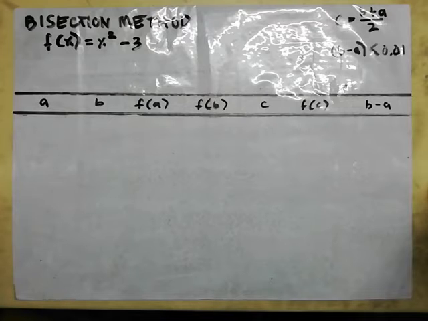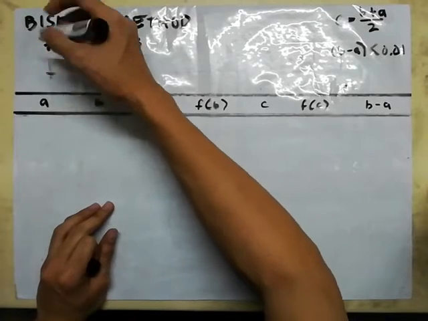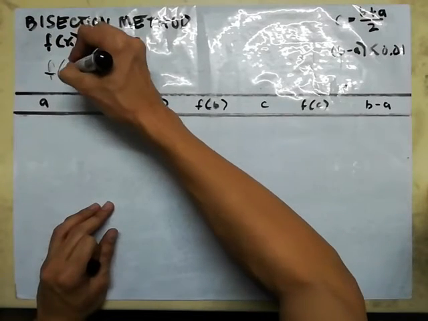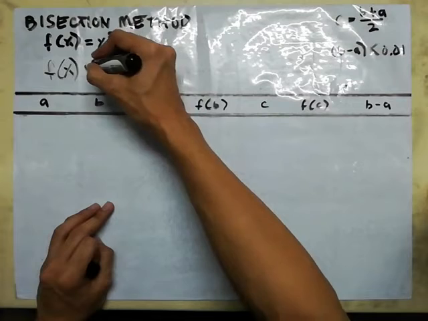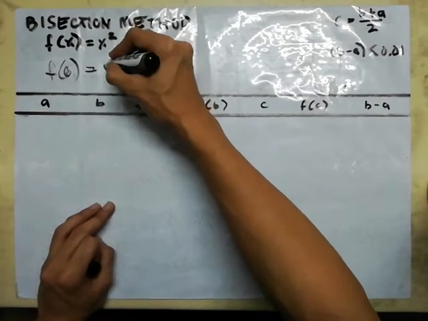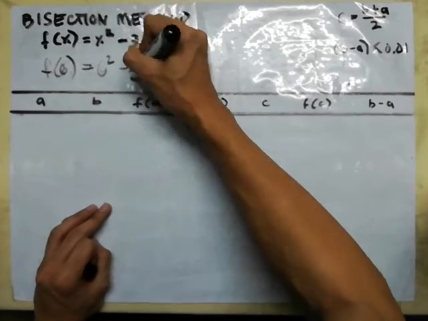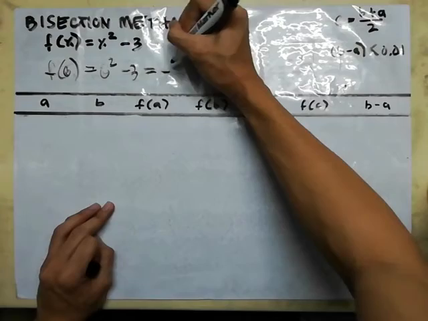So first we need to find the value where our x starts at 0. So we have f of 0 is equal to 0 squared minus 3, so we have negative 3.